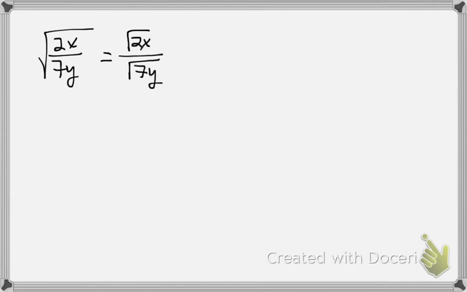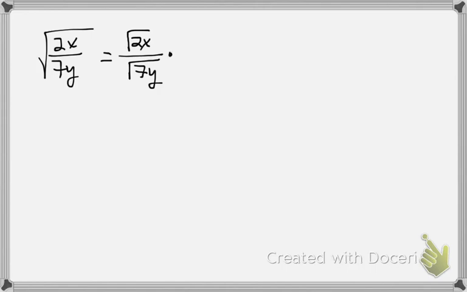All right, so now let's say I give you square root of 2x over 7y. So first up, break it apart. Square root of 2x over square root of 7y.